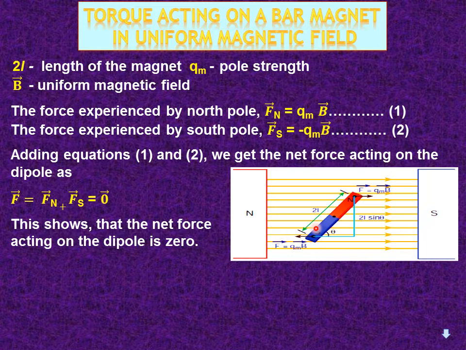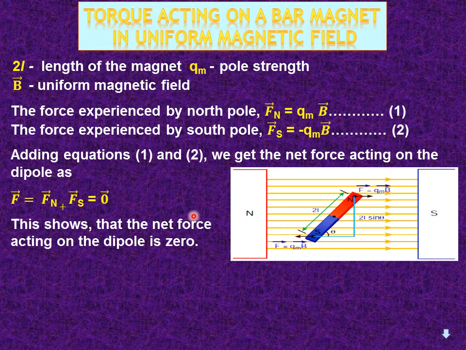It forms a couple which tends to rotate the bar magnet clockwise in order to align it along the B vector. The distance between the two poles is 2L.